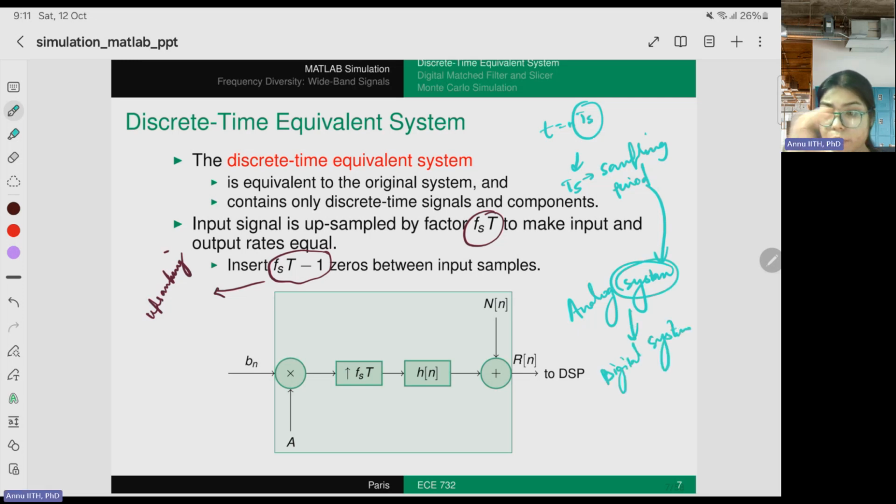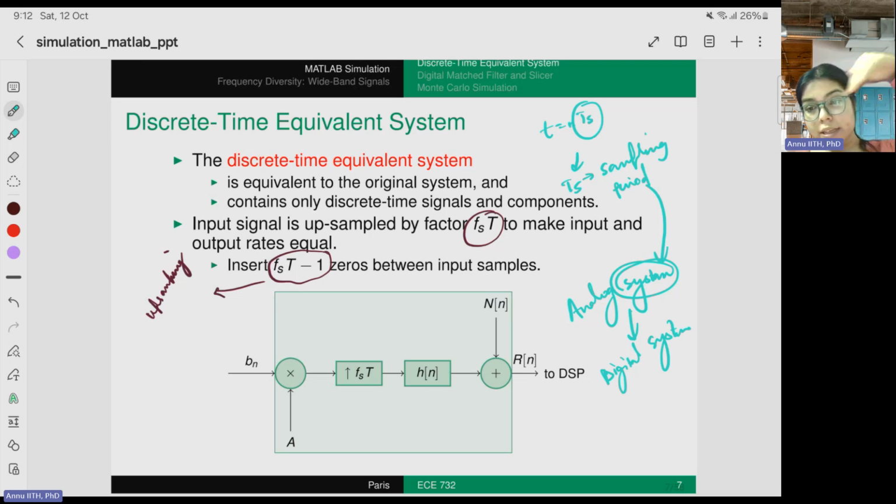Whenever in a question you see that you have learned or applied something to analog, and when it comes to digital you get confused and come up with wrong answers, in that case you replace every t with nTs, where n is the number of samples and Ts is the sampling period. Because in a digital system, you are considering the samples.